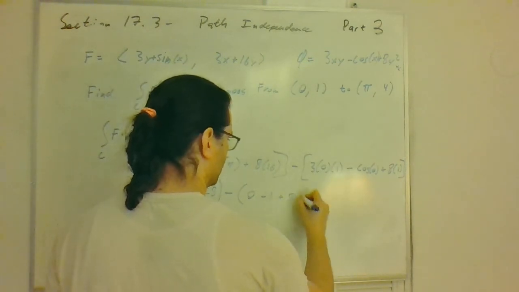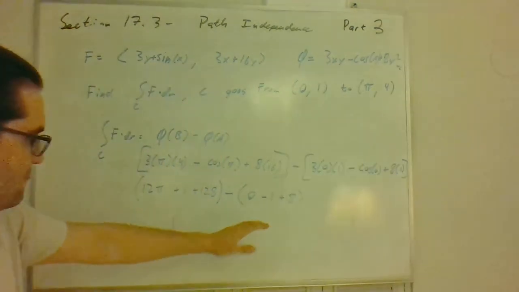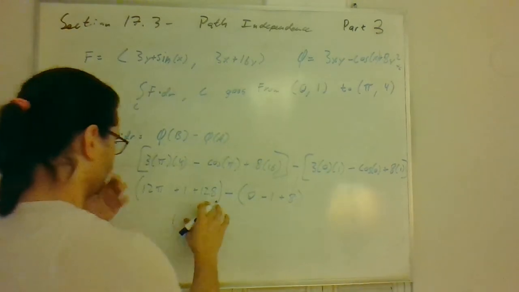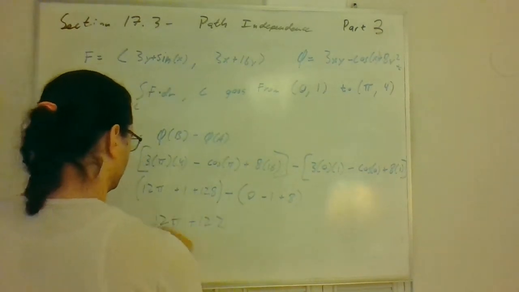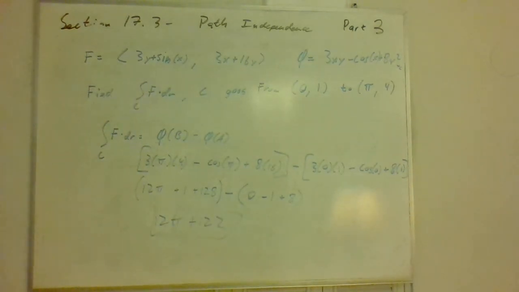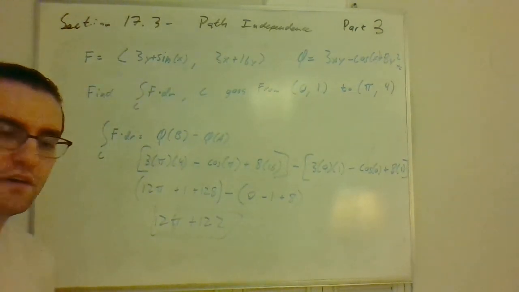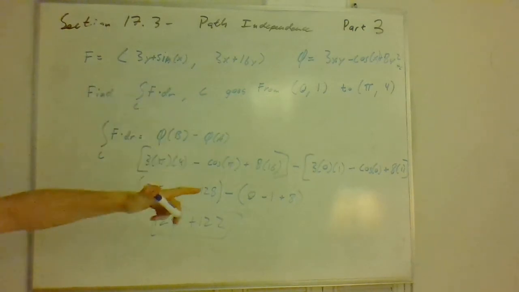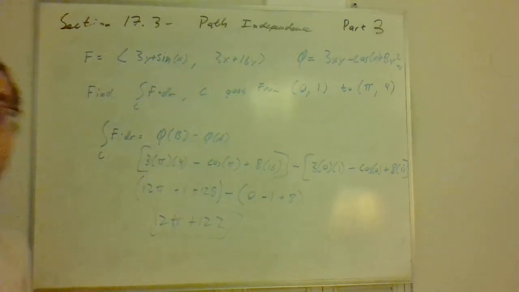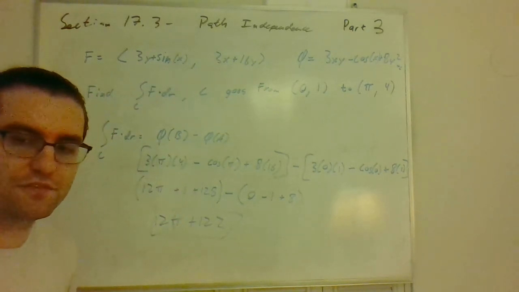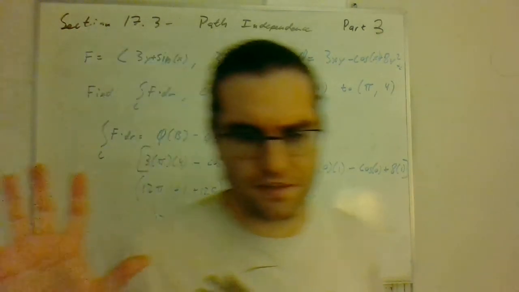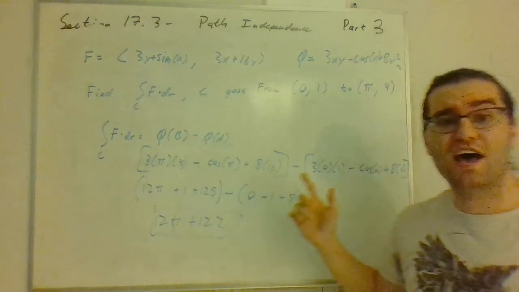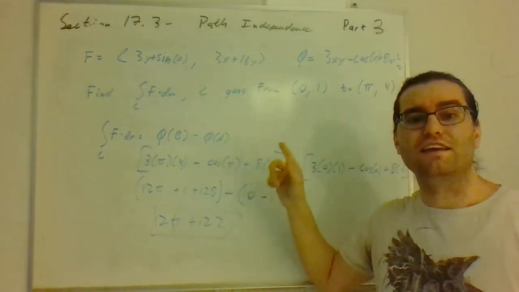So I'm subtracting 7. So this is 129 minus 7, so 12 pi plus 122 is the line integral. So this lets us do line integrals without ever actually doing line integrals. I know that line integrals are super easy because we can do them in 5 easy steps or your money back guaranteed, but this I think is even easier.